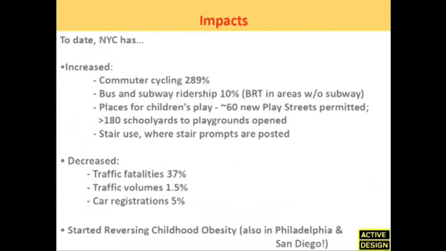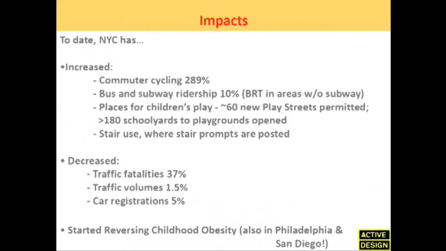And these are the types of impacts that we've seen. In New York City, we have increased commuter cycling approximately 300%. Bus and subway ridership, despite already high ridership in the past, has gone up further. And as I mentioned, we have been rapidly expanding bus rapid transit in areas without or underserved by the subway.